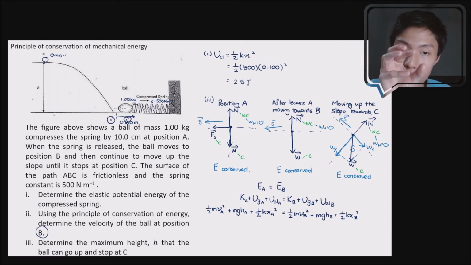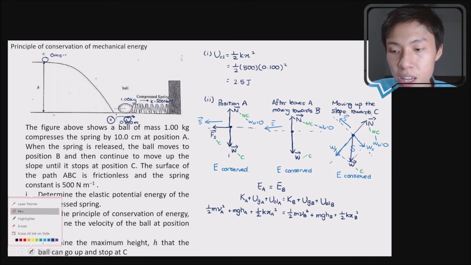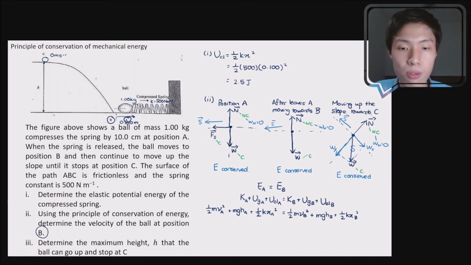After you let go of your hand, the ball only will be pushed by the spring, then it starts to move. So initially at position A, you should expect the ball to be not moving. And since the ball is not moving, you should expect the speed at position A to be 0. Thus, the kinetic energy at position A should be equal to 0.